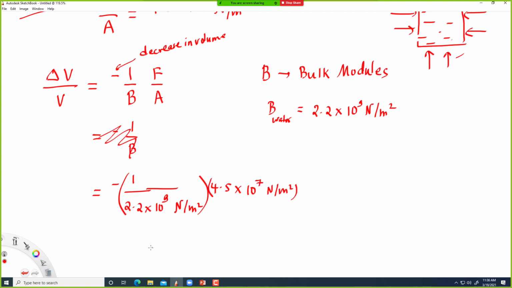That's that, and that's that. So that gives us a number which is the fractional change in volume. So let's figure out what you get.